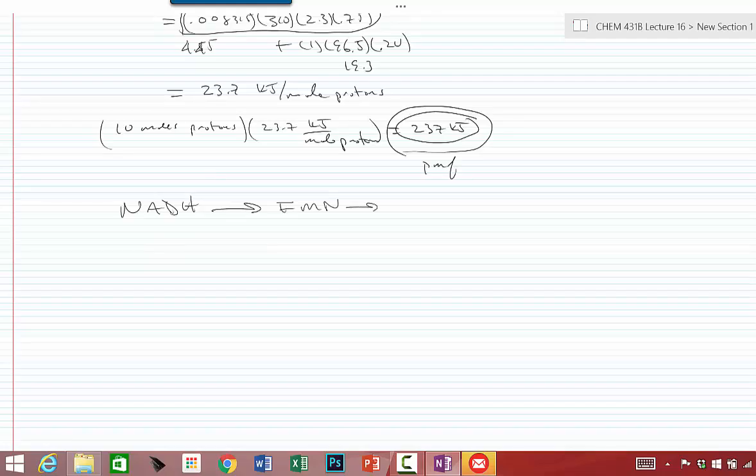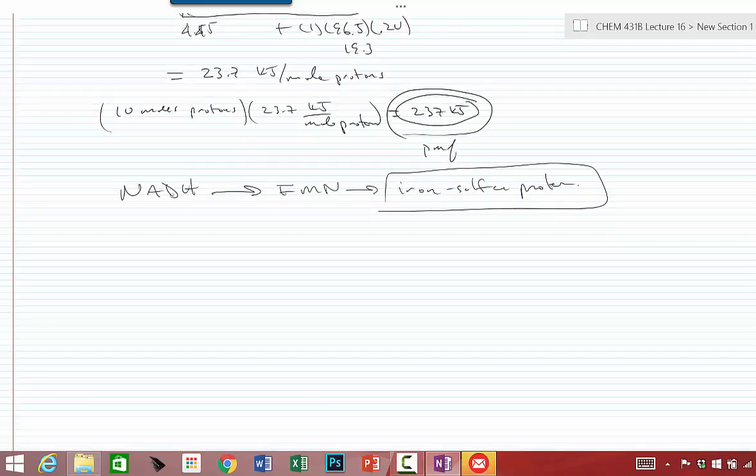And then FMN eventually gives it up to these things called iron sulfur proteins. Your book makes a big deal about these, but basically it's iron conjugated to either inorganic sulfur, or conjugated to an amino acid that has a thiol group.